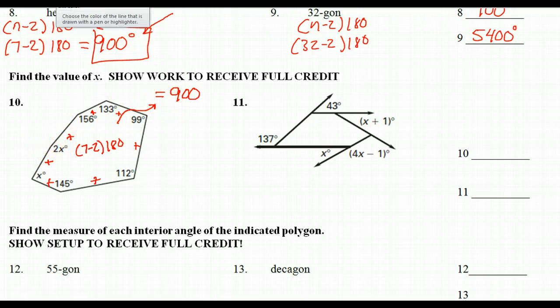Let's start with the like terms that have a variable in it, like 2x plus x. In fact, right now those are the only ones with x's. So that makes 3x. Now, if I add up these constants, 156 plus 133 plus 99 plus 112 plus 145, let's see what I get.